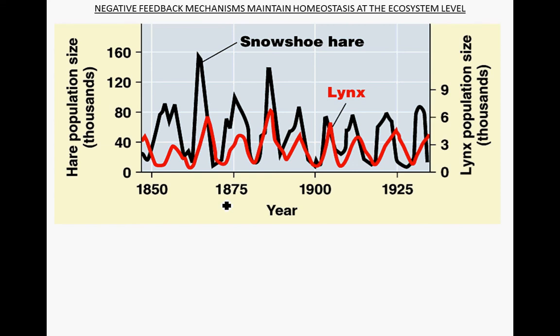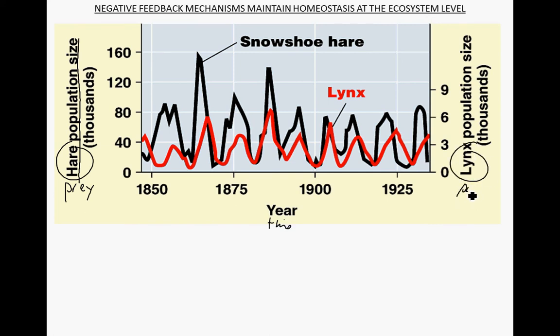So here we're looking at hare population size, right? And hares being a prey item, and we're looking at time here. And what we see is that we're looking at the prey population, but then we're also looking at the lynx population size as well.